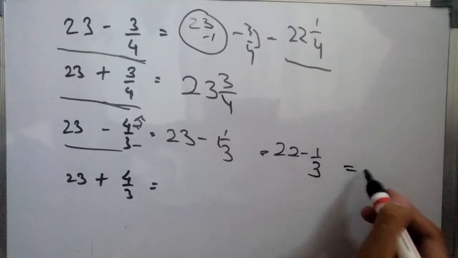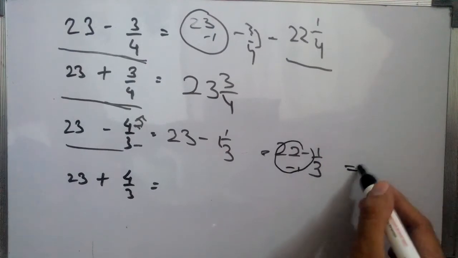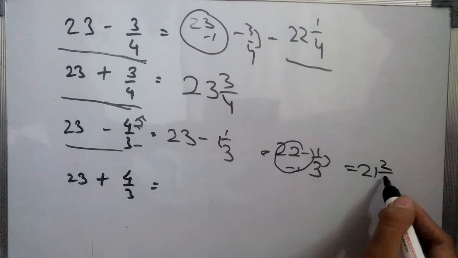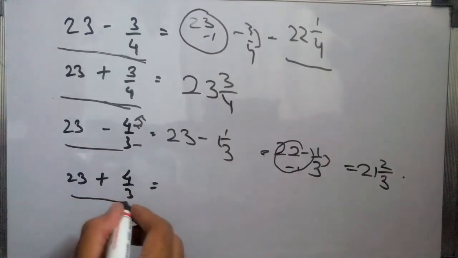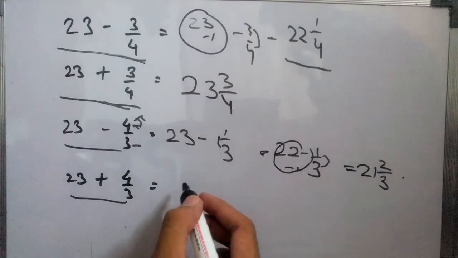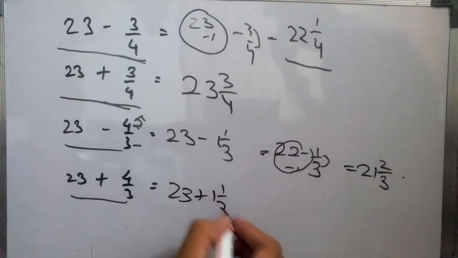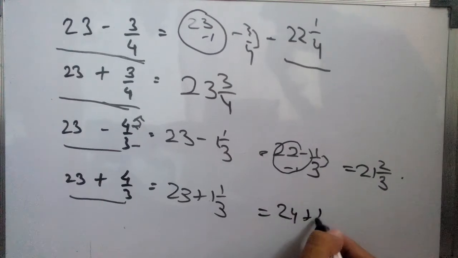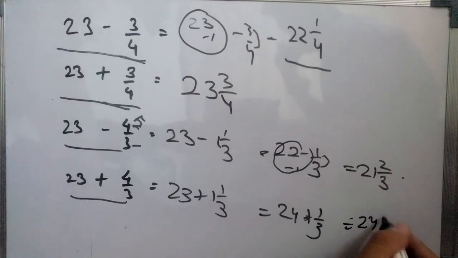Again adopting the old procedure, 22 minus 1 equals 21 whole, 3 minus 1 is 2, so 21 whole 2 by 3. Now 23 plus 4 by 3: 23 plus 1 whole 1 by 3 equals 24 plus 1 by 3, and the answer is 24 whole 1 by 3.